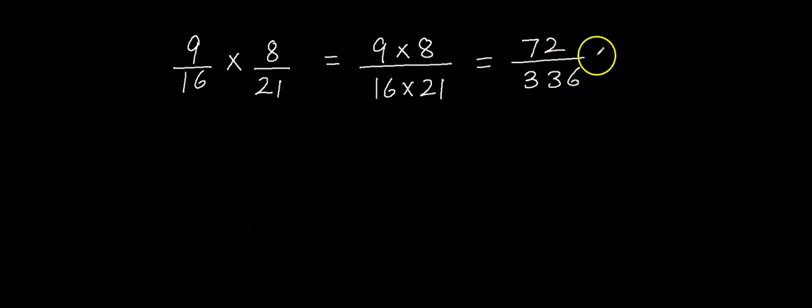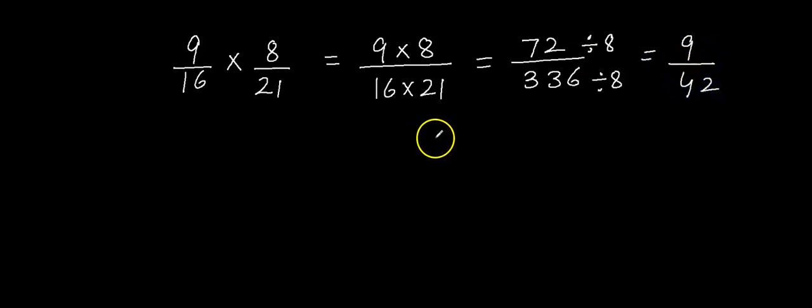And then we can simply reduce it. So let's reduce it by 8, and that would be equals to 9 over 42. But then we can see 9 and 42 again can be simplified by 3. So let's divide it by 3, and that would be equals to 3 over 14.